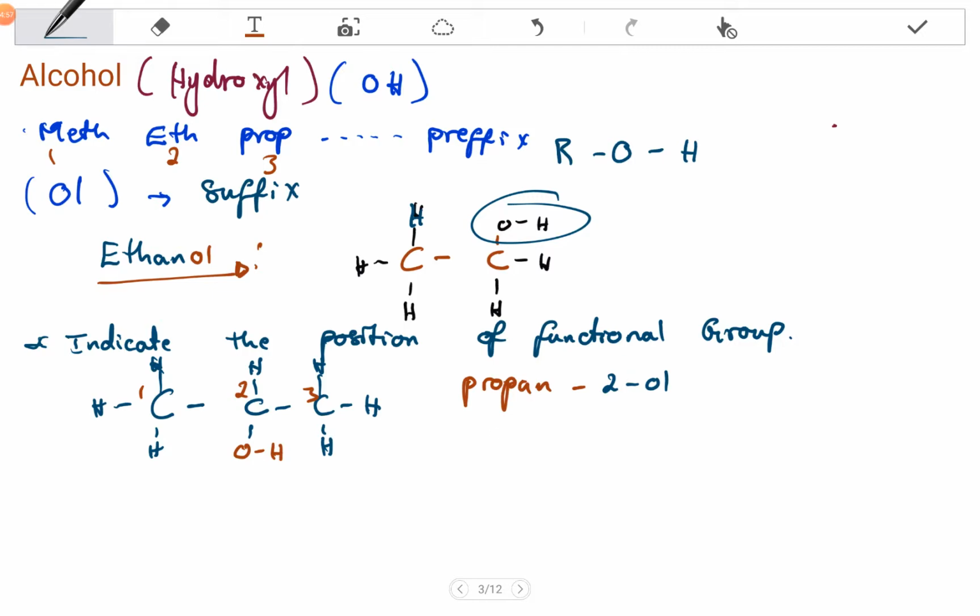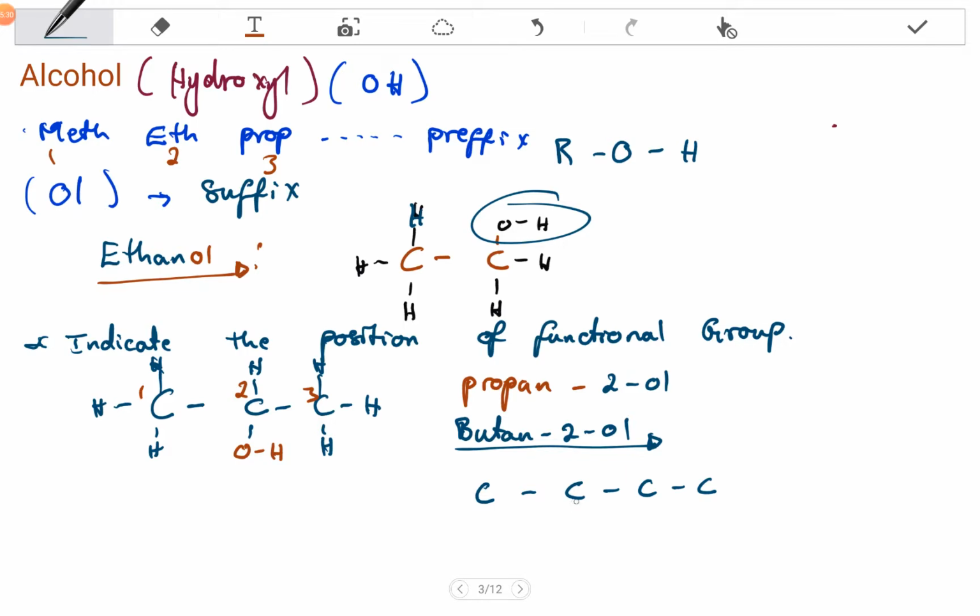Okay, so one last thing, give the name of this one. 2-butane, butan-2-ol. Now give the name of this one, the structure, sorry, not the name. Give the structure. This is an IUPAC name. Give the structure of this one. So the structure for this one is going to be 1, 2, 3, 4, right?